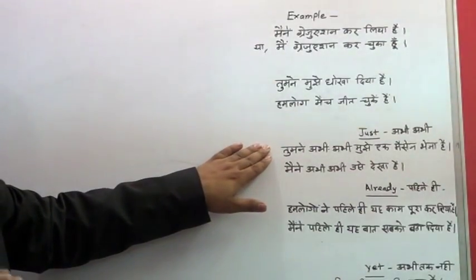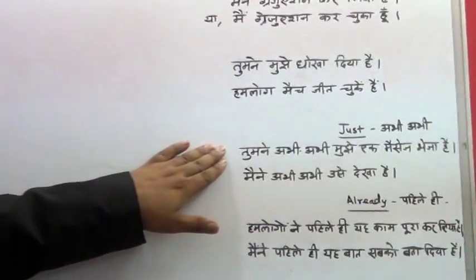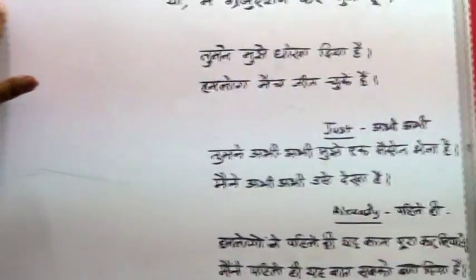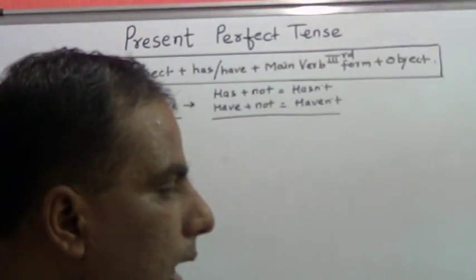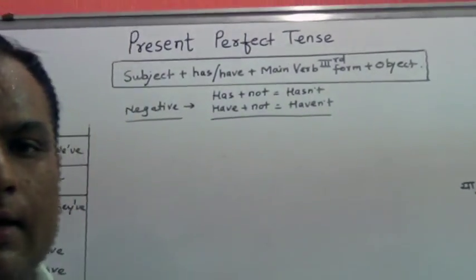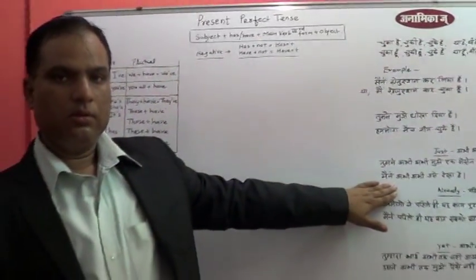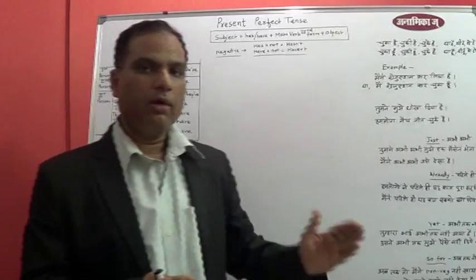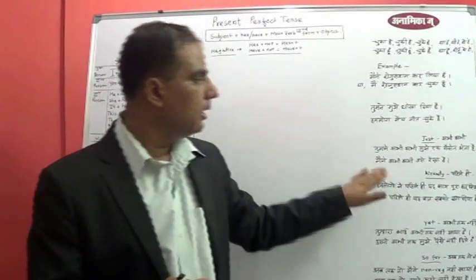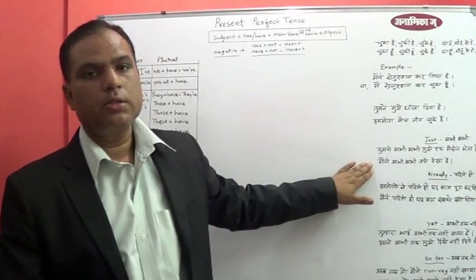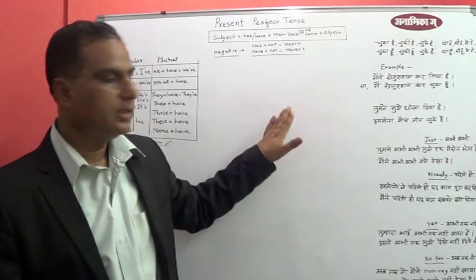So this sentence or this action will also be spoken with the help of present perfect tense. Similarly, मैंने अभी अभी उसे देखा है. Again, here also the action was over a short while ago, some time back. So this will also be spoken with the help of present perfect.